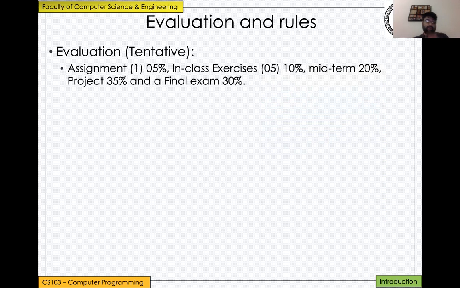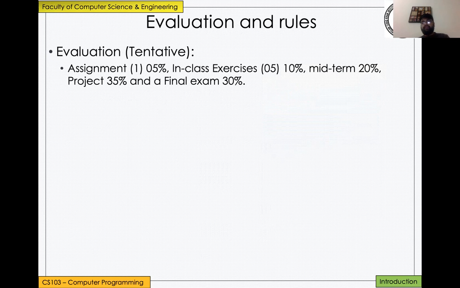Then I must talk about the evaluation and rules, which have been updated because we're going to go online. So I've updated them as much as possible. We have already held your one assignment, which constitutes 5% of your total weightage. We've already held 5 in-class exercises, which constitute up to 10% of your total weightage.